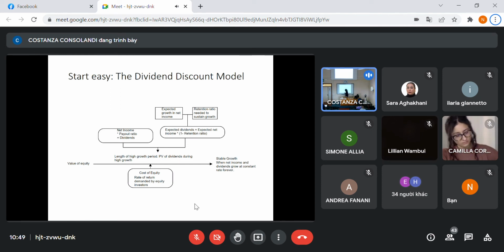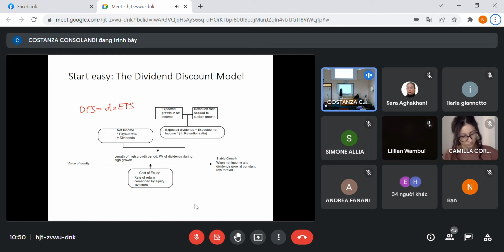If I work on a per share basis, I can say that dividend per share is equal to D, where D is the letter we use to indicate the payout ratio, times EPS.